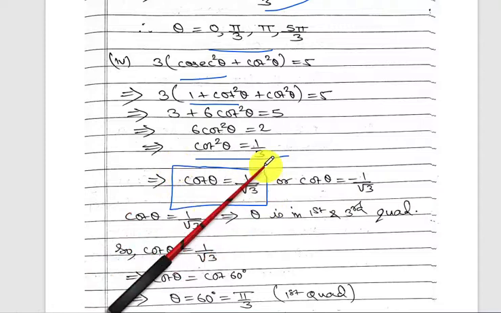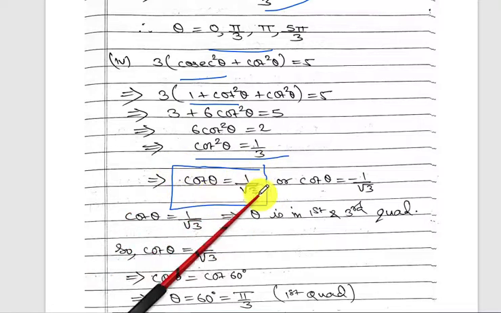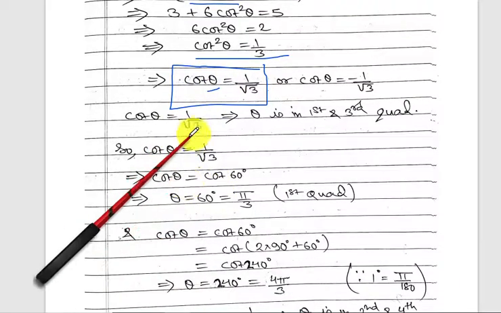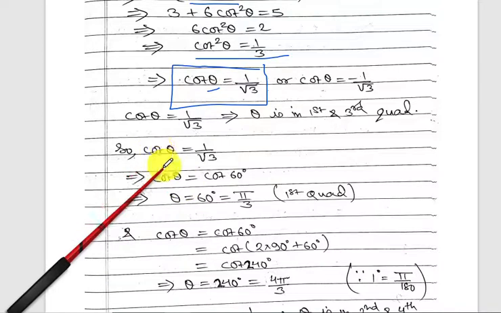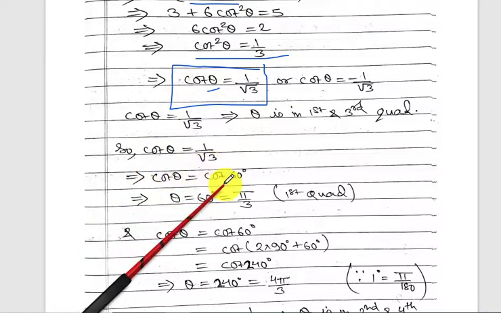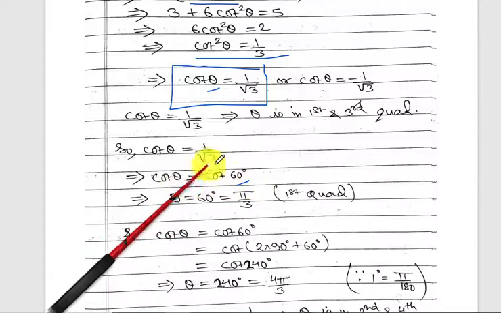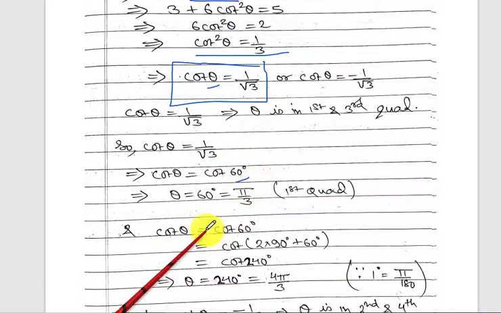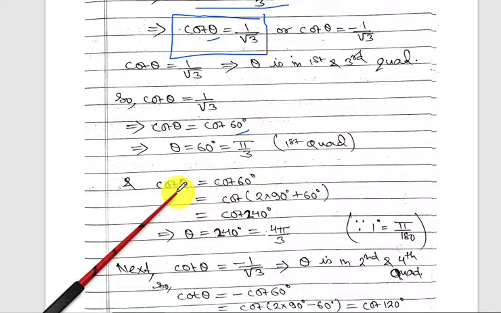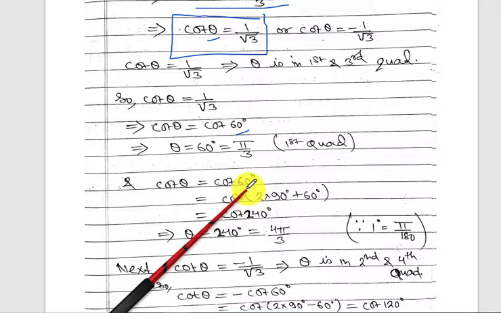Okay, here we are getting cot theta positive, that means this theta is in the first or in third quadrant. Okay, so we know that cot theta 1 by root 3 implies cot theta equal to cot 60 degree. Okay, so for the first quadrant we got theta to be 60, pi by 3, and for the third, cot theta equal to cot 60, this can be written in this manner.